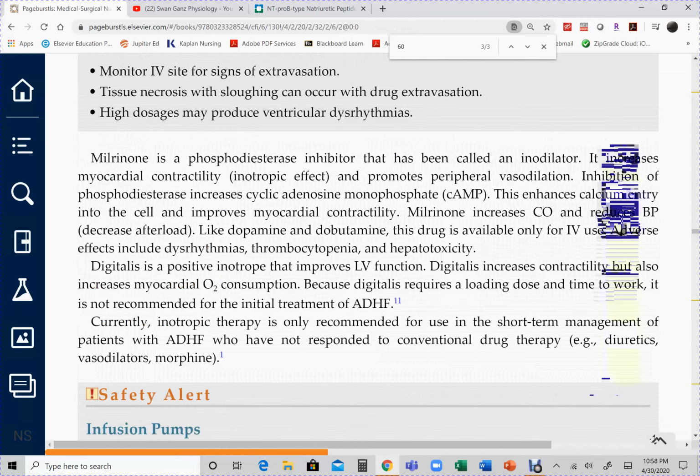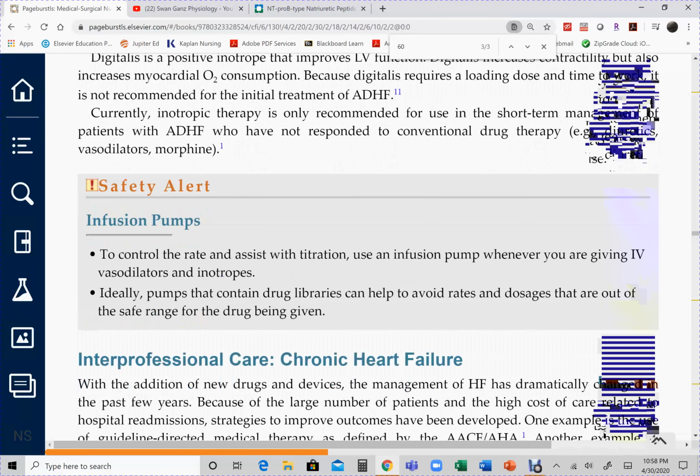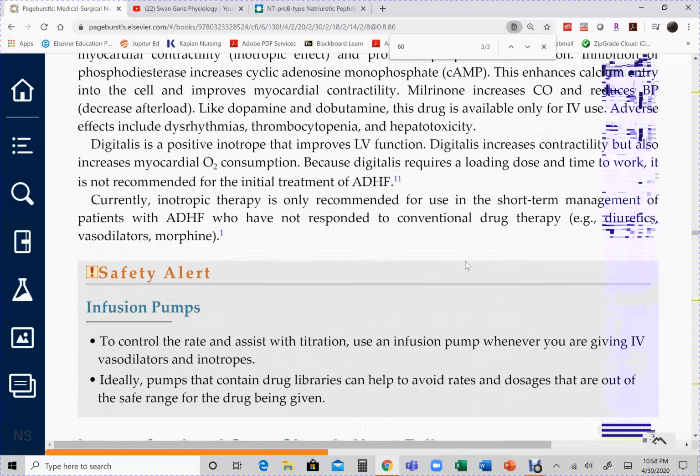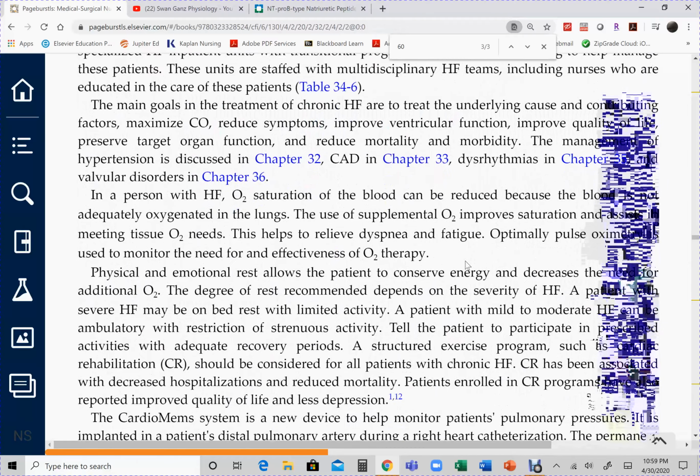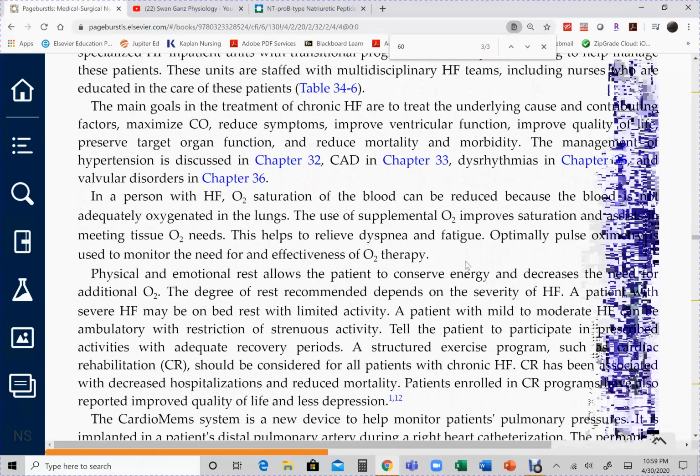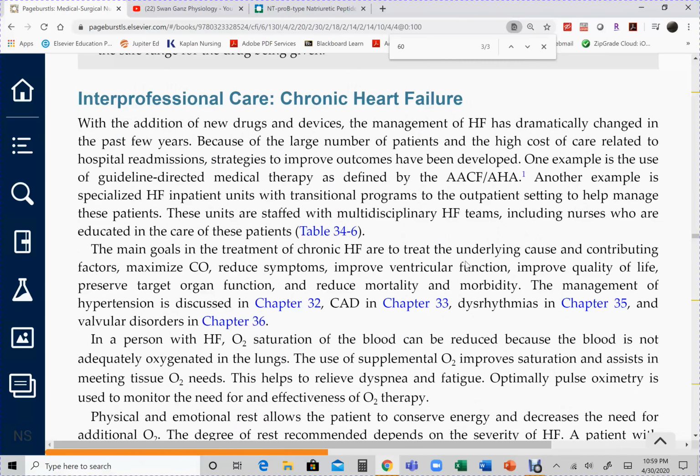I'll discuss the digoxin toxicity toward the end. They're not mentioned here. Alright, other interventions is of course oxygen, not mentioned here, but obviously the patient presents with dyspnea, so they will receive oxygen.